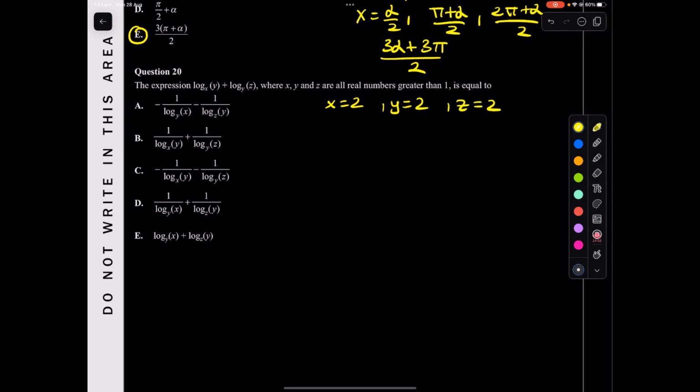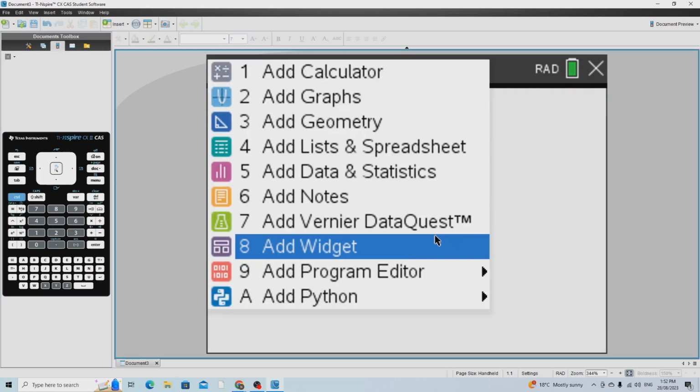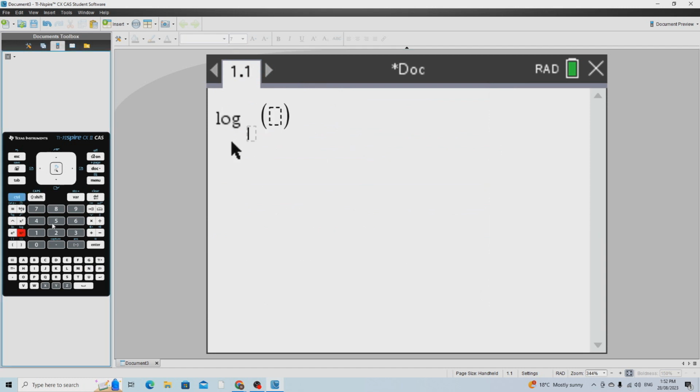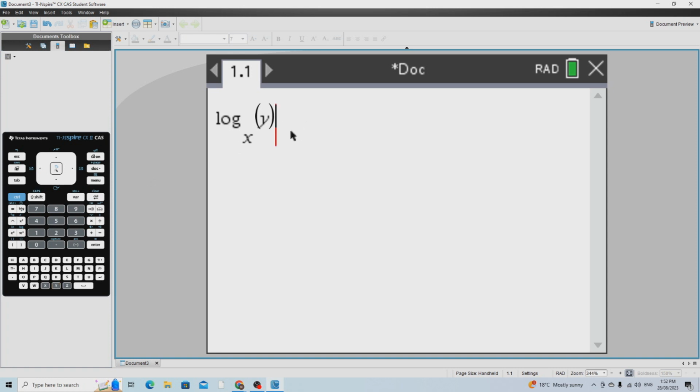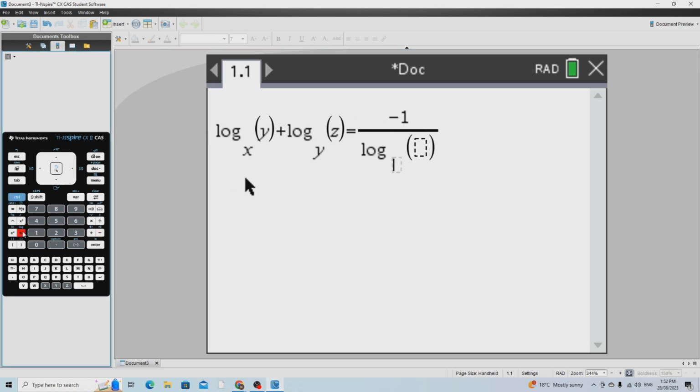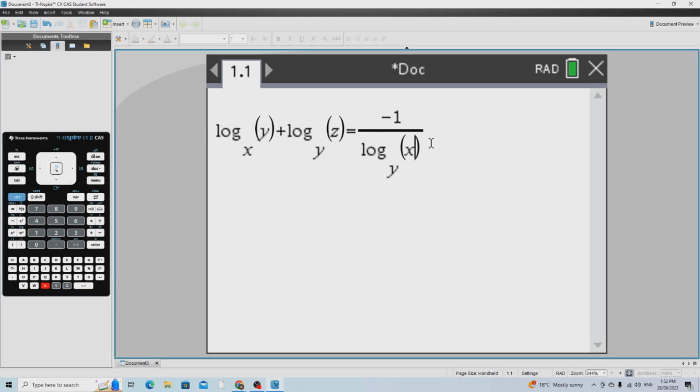And what I'm going to do is go on my calculator, Control N all of this, and just say log xy plus log yz should equal, let's try the first one, which says it should equal -1 log yx minus 1 log zy.